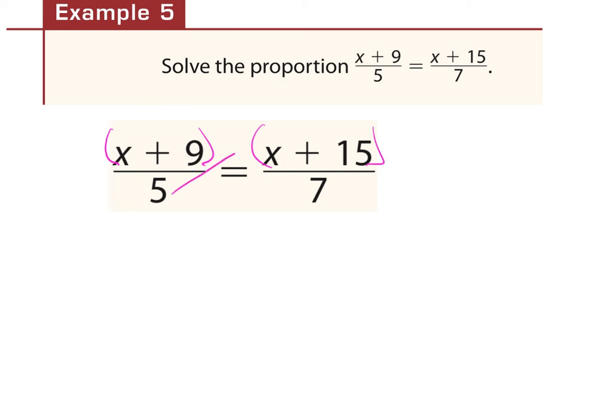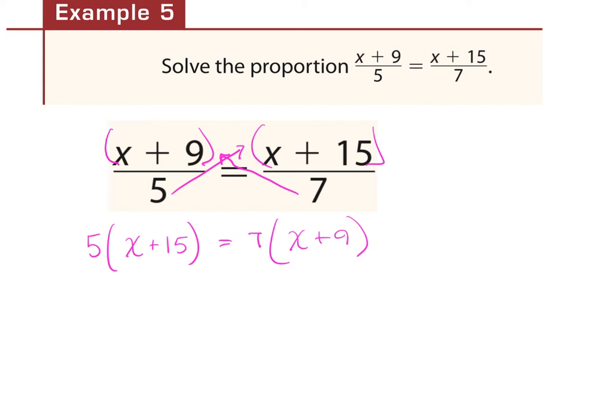So I'm going to say the 5 times that group up there, and you have to leave it as a group. 5 times that group will equal 7 times this group. And once again, you want to leave that group just like it is, all right? And now I have an equation that I should be able to solve. I need to simplify both sides.